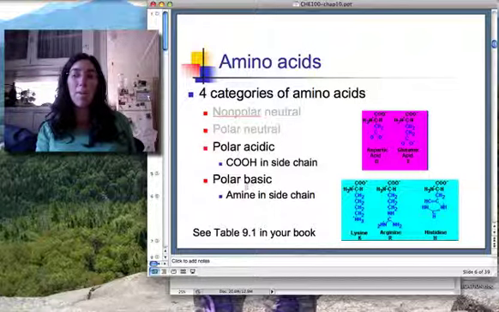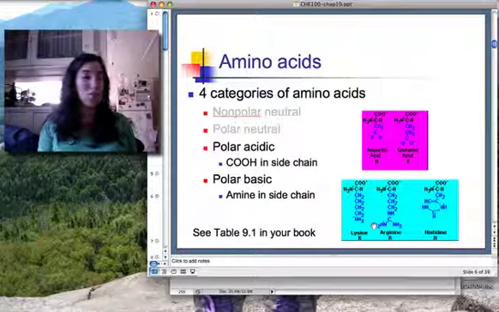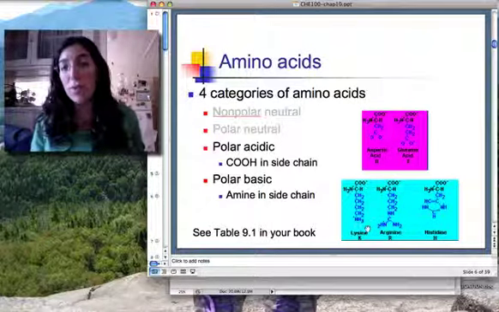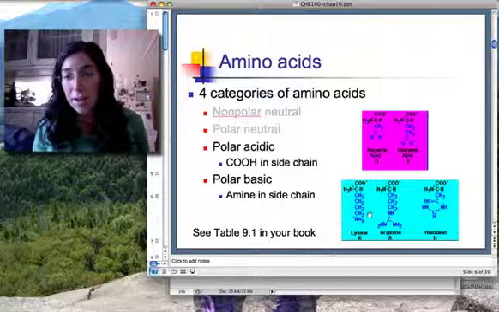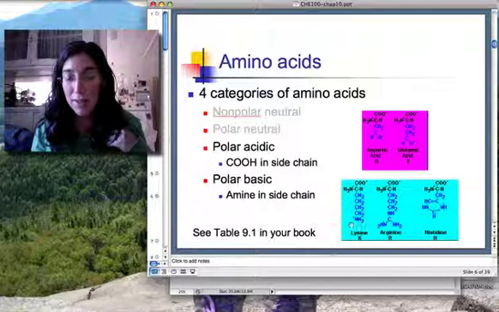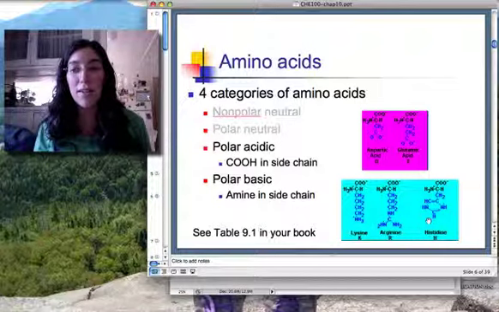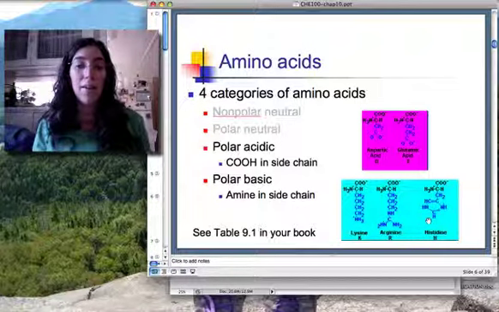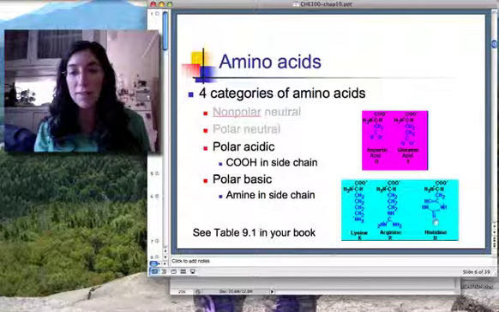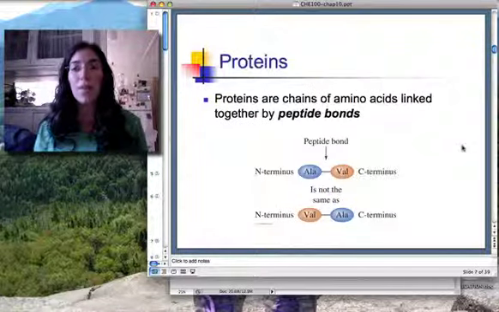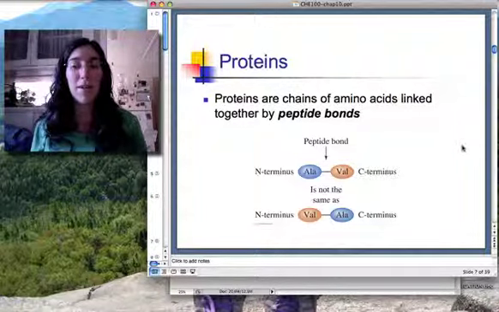And in the polar basic groups, they have an amine in their side chain. So an NH or NH2 or NH3. So here's the amine in lysine, arginine, and histidine, the 3 polar basic amino acids. So those are the different groups of amino acids.